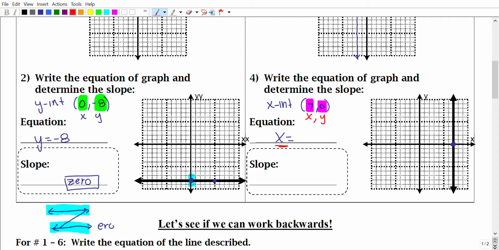So x equals 7. Okay? Alright, so I hope that made a little bit more sense now as to why I got y equals -8 on this left side. But in this case, we get x equals 7 because we have a vertical line that crosses through the point 7, comma 0.